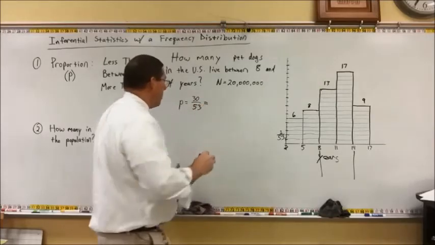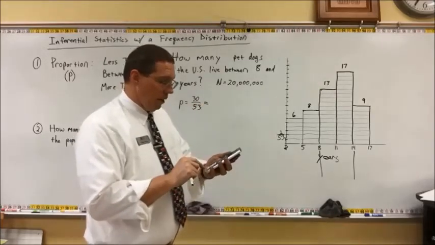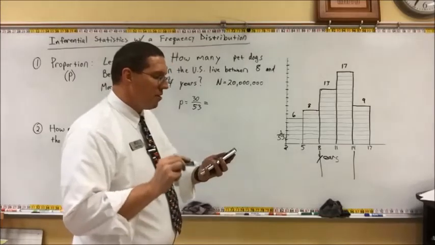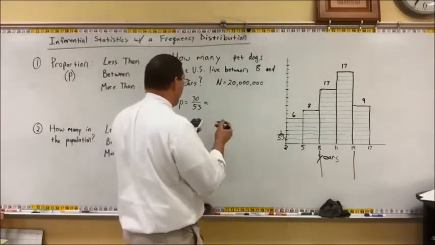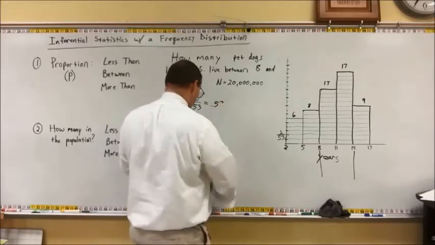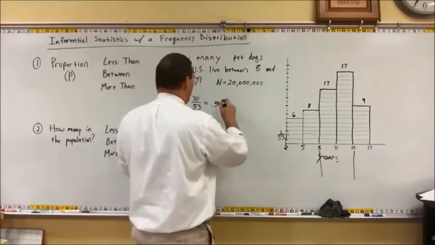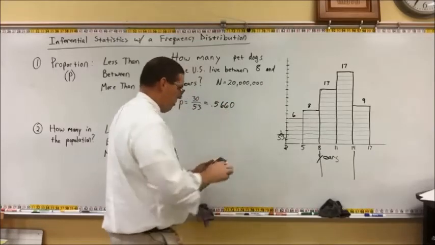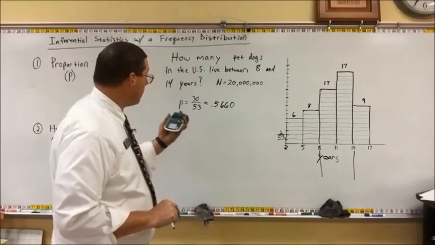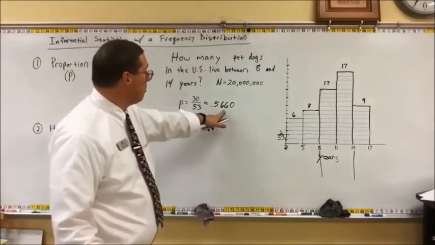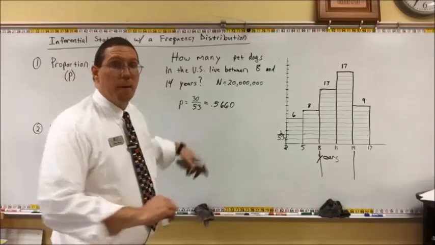Now we're going to use a calculator. 30 divided by 53 is equal to 0.566. And it's 0.5660. So like I said, we go 4 decimal places, but for this one, the 4th decimal place is a 0. So really it's just 0.566. Now, to find out how many of the 20 million dogs, we have to multiply our proportion times our population.